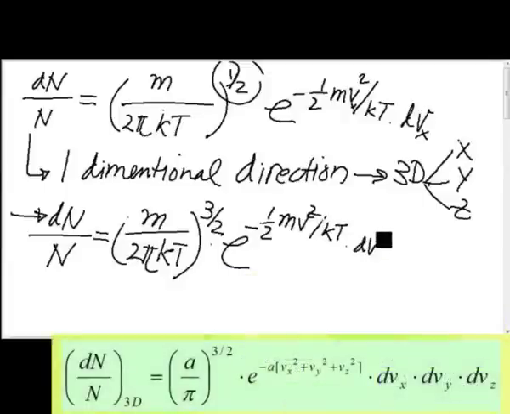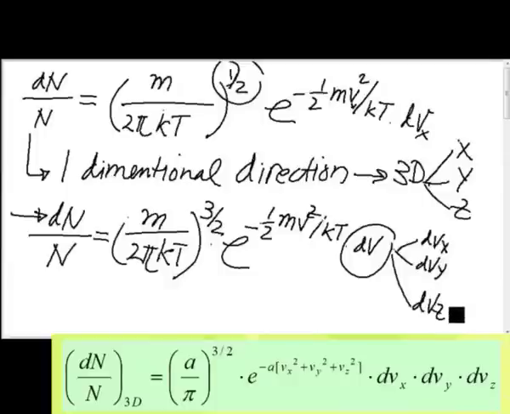Exactly, we have dVx, dVy, and dVz, also Vx, Vy, and Vz.